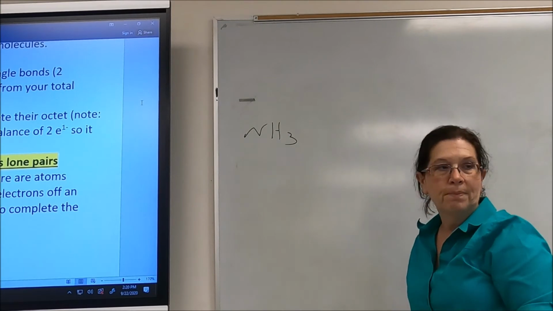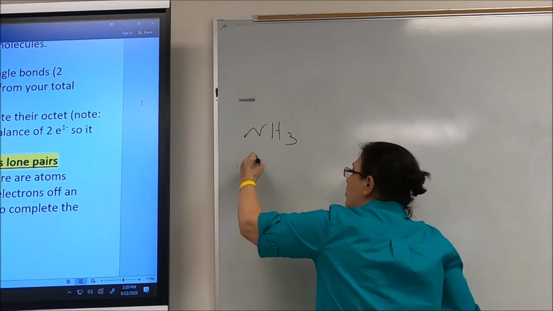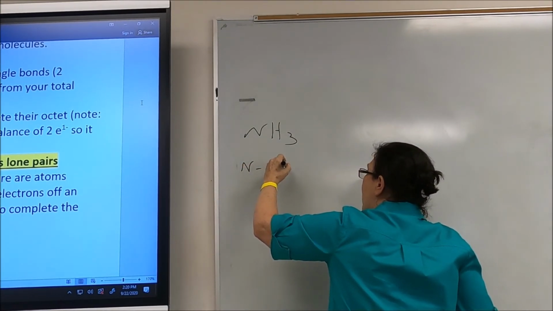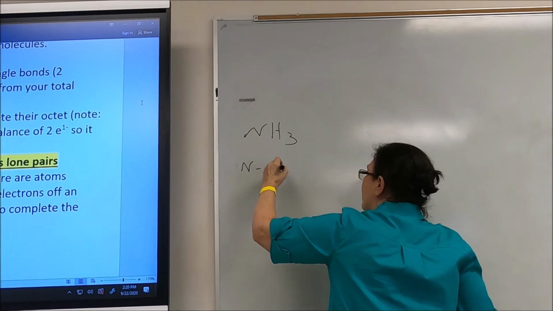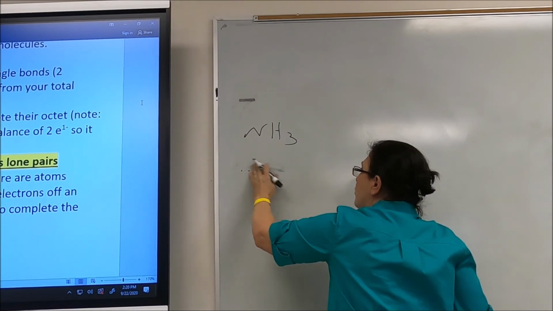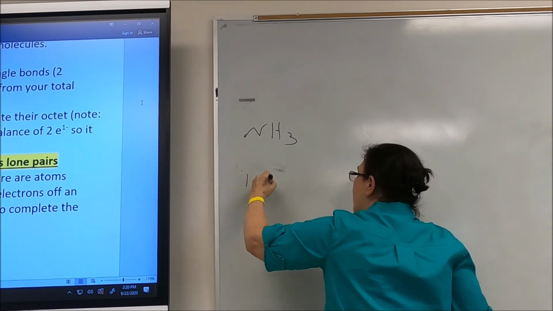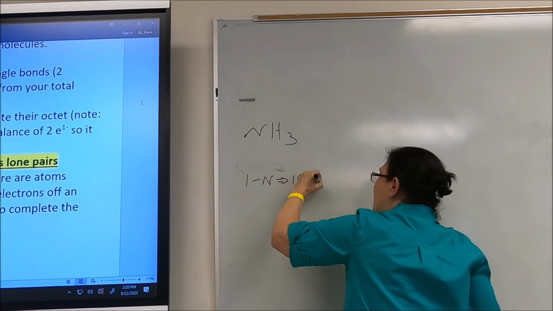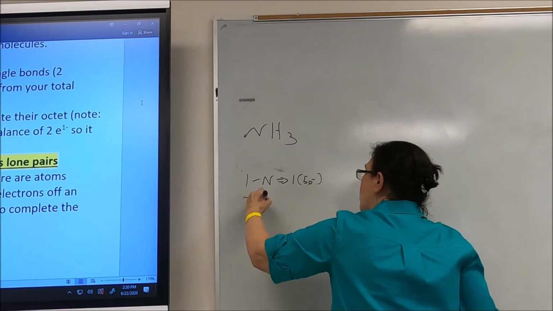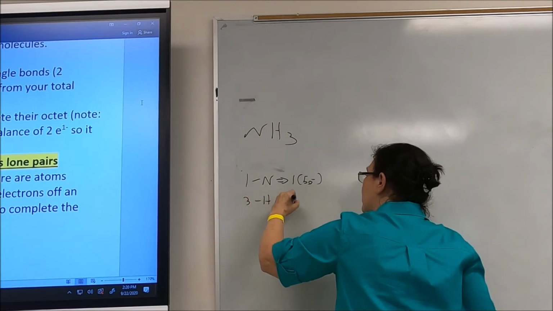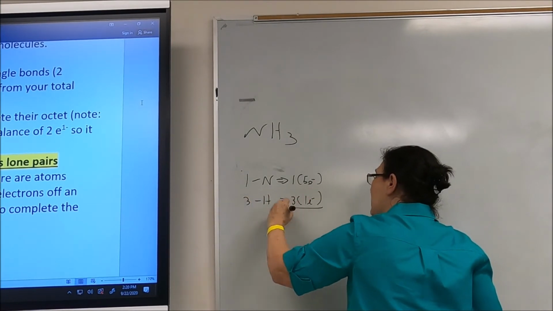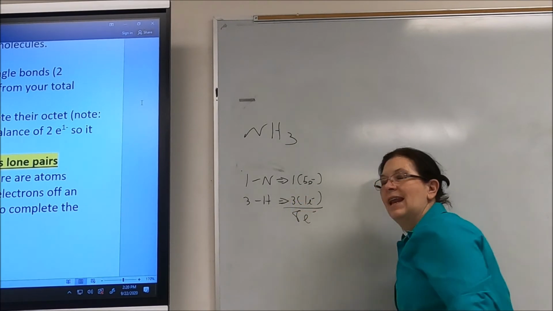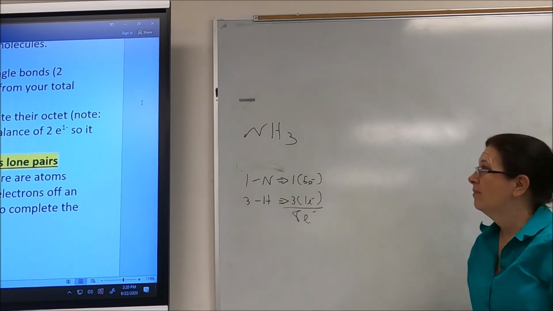NH3. Now, nitrogen has 5 valence electrons. So I've got 1 nitrogen at 5 valence electrons. We have 3 hydrogens at 1 apiece. Lo and behold, I get 8 again. Okay?